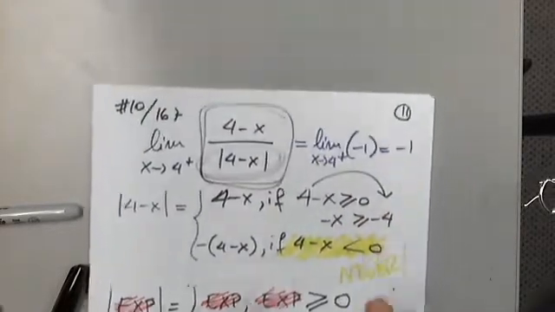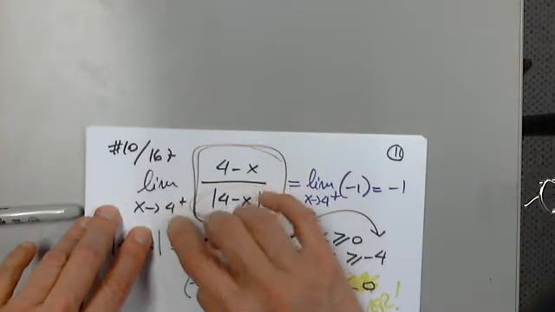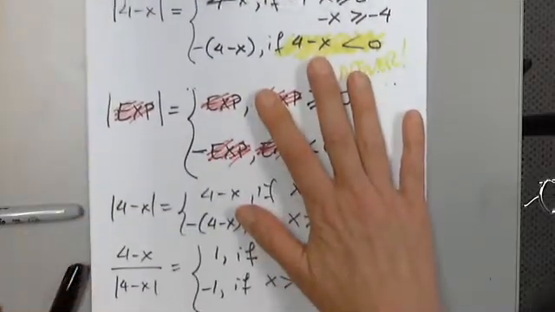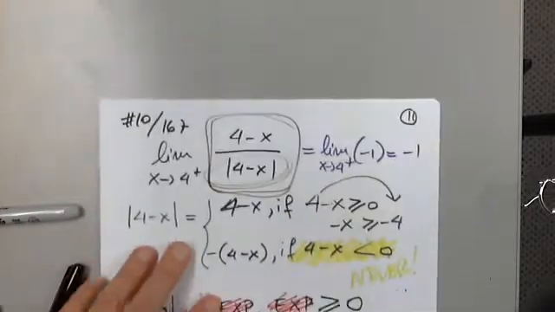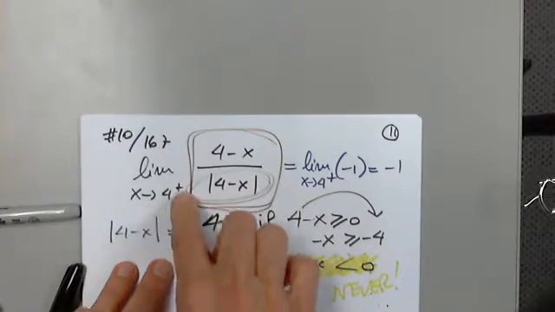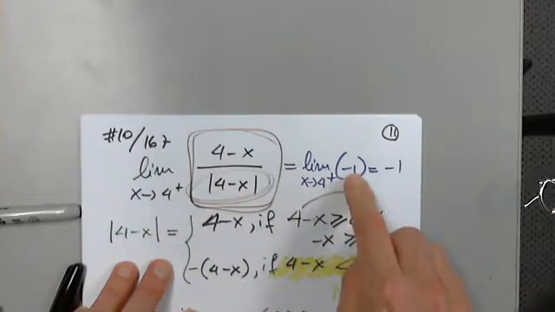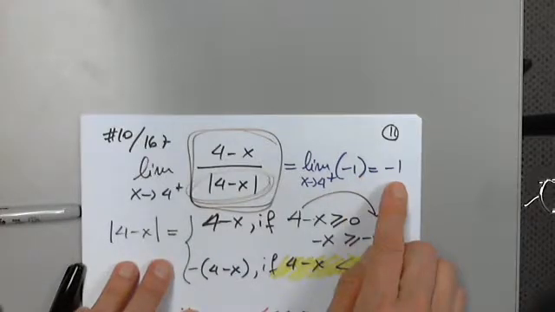So finally I look here and it says find the limit as x approaches 4 from the right. From the right, the entire function simplifies to negative 1. So the limit of this as x approaches 4 from the right is basically the limit of negative 1. Therefore, the answer is negative 1.